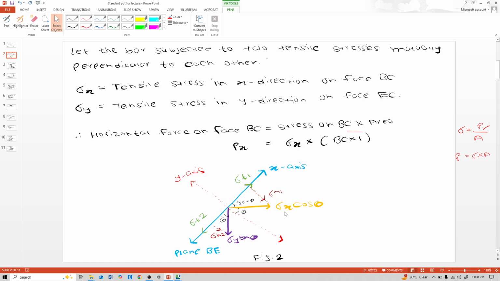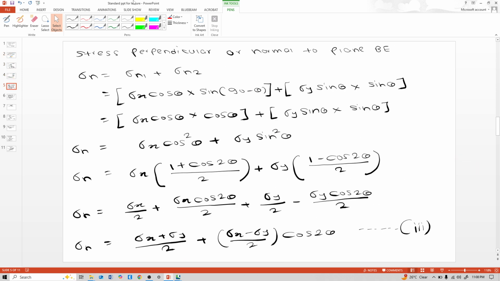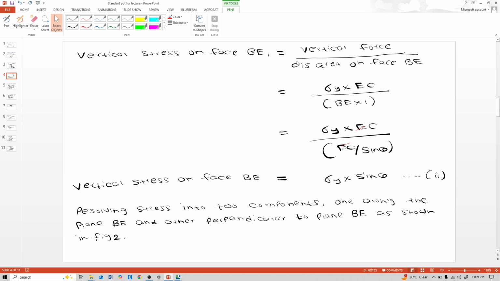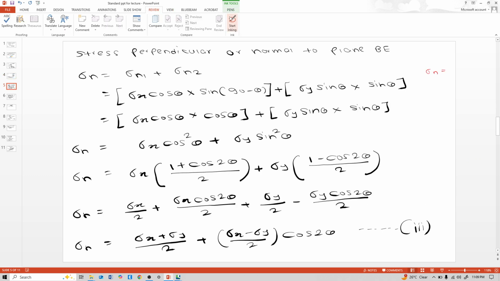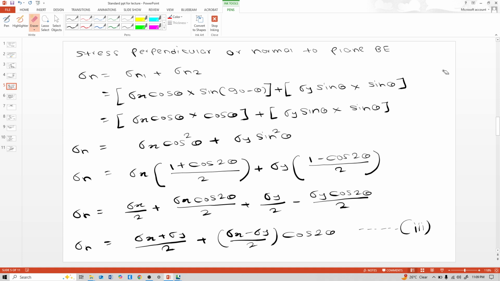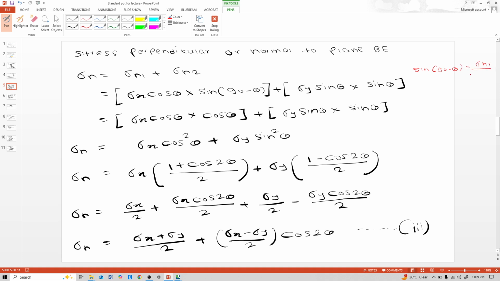The opposite side is sigma n1 and the hypotenuse is sigma x cos theta.